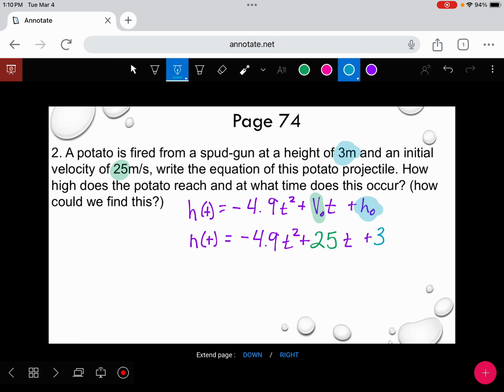Filling in the pieces. The question they ask us is, how high does the potato go and when does it get there? What are we looking for when we ask how high does it go? It's maximum, also known as its, what's the other word for maximum?